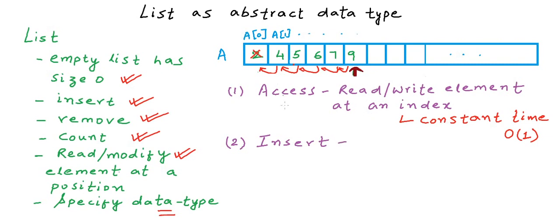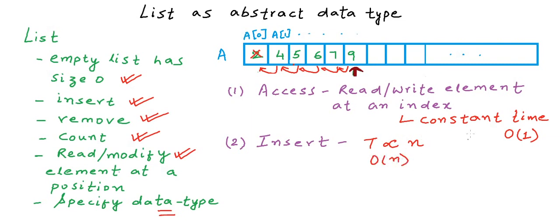But if we insert an element at a particular position in the list, then we will have to shift elements towards higher indices. In the worst case, we will have to shift all the elements to the right when we are inserting at the first position. So the time taken for insertion will be proportional to the length of the list. Let's say the length of the list is n; in other words, insertion will be big O of n in terms of time complexity.